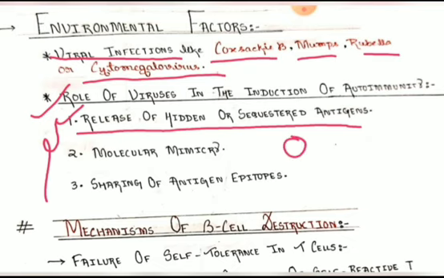But once the viruses invade our body, this viral infection causes injury and inflammation of the islet cells, as a result of which the beta cell antigens which were sequestered or hidden within the beta cells are now released.